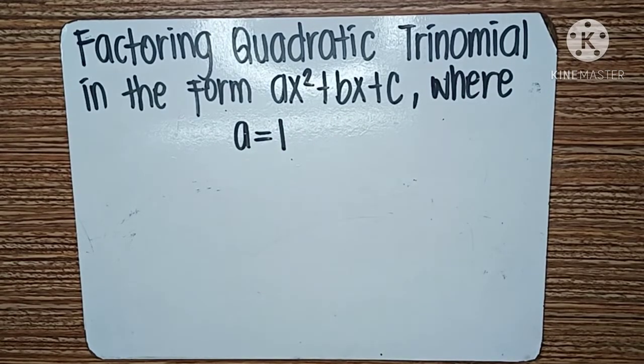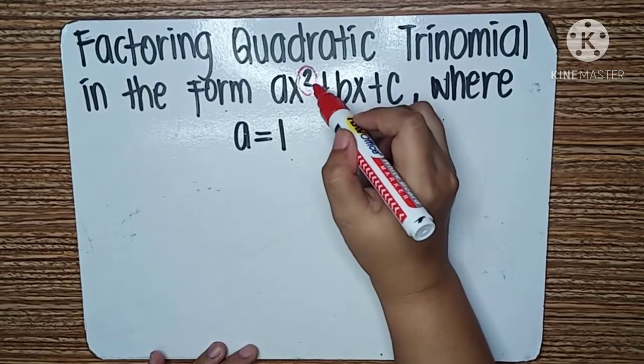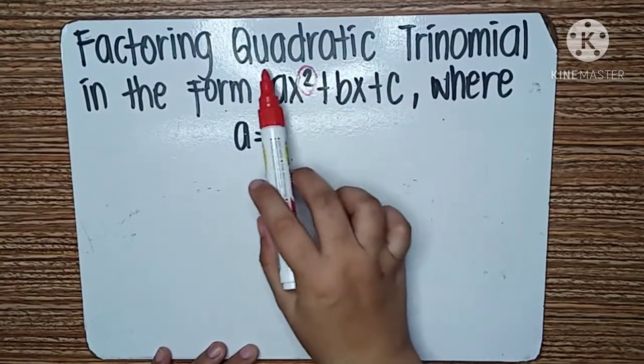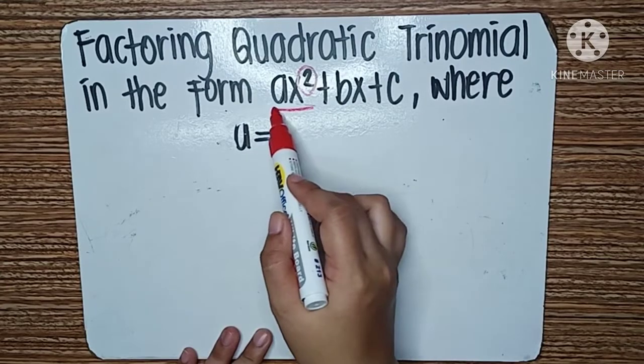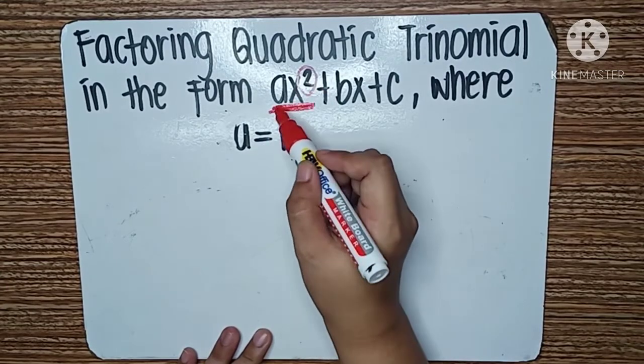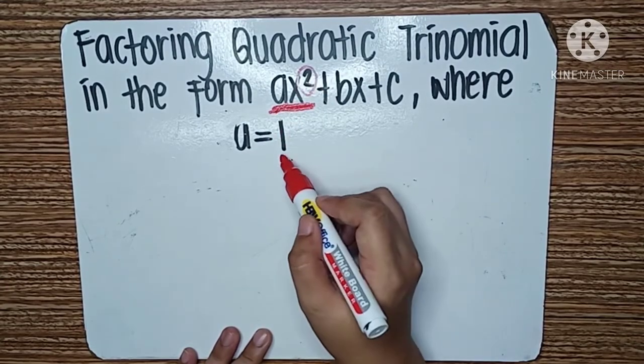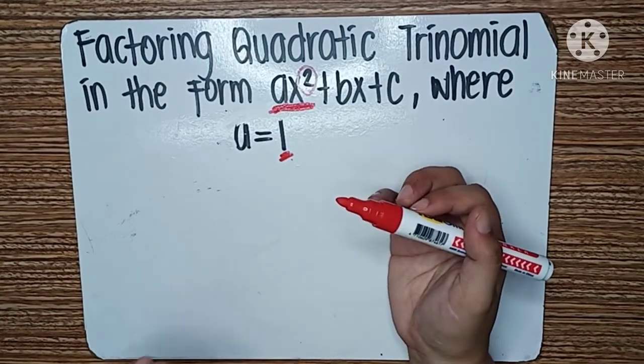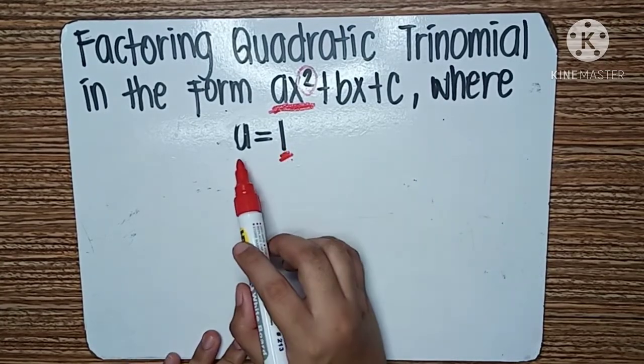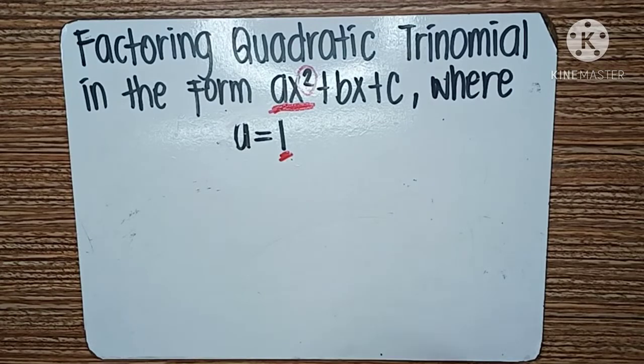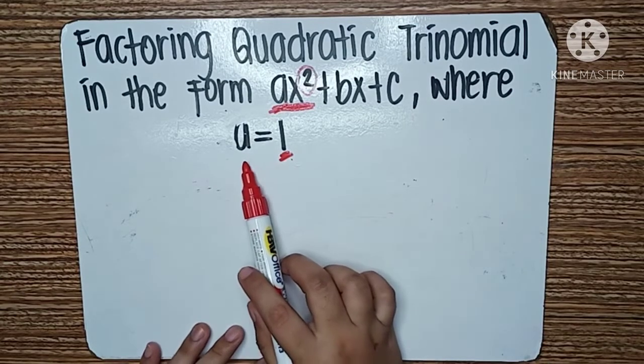Meaning, lahat ng given natin trinomial, ang highest exponent ay 2 kasi nga quadratic. And then, the numerical coefficient of the first term, which is a, is equal to 1. So, for this tutorial video, magpo-focus tayo ng a equals 1. Then, there is another tutorial video where a is greater than 1.